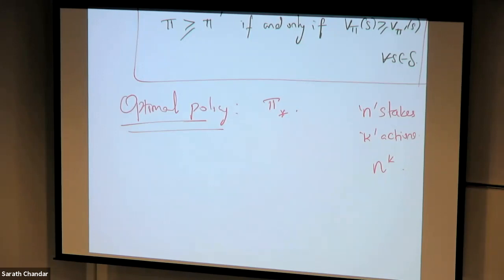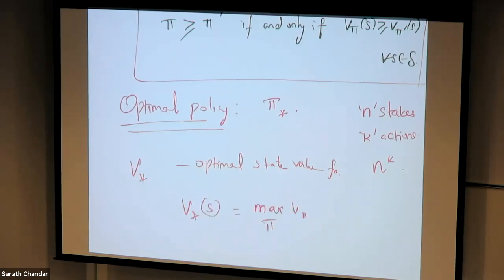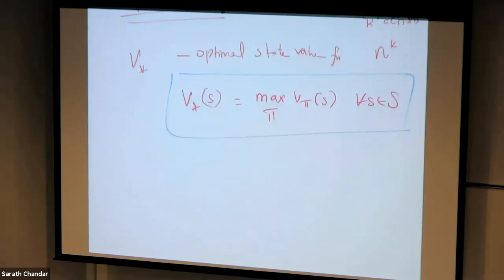Now, when you have an optimal policy, you should also have the corresponding state value function. Let's call that V star, the optimal state value function. V star of s is defined as max over pi of V pi of s, for all s belonging to S. It's basically the maximum possible value you can get when you search over all the policies.